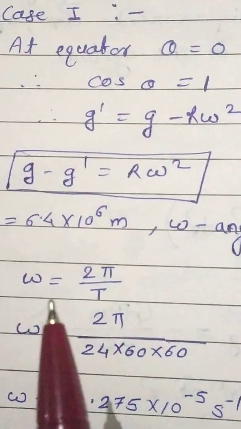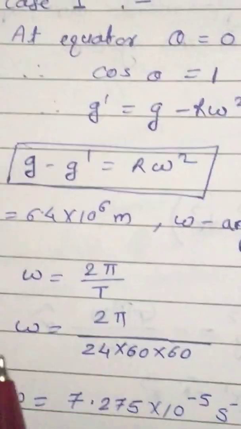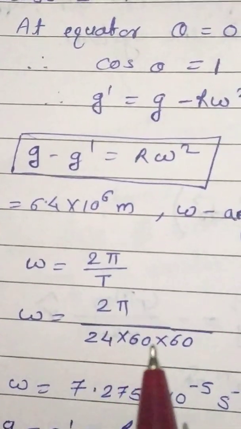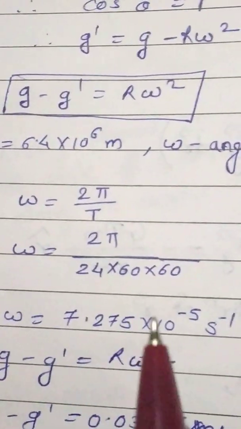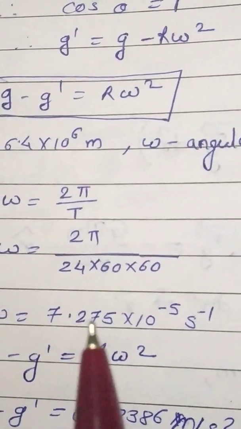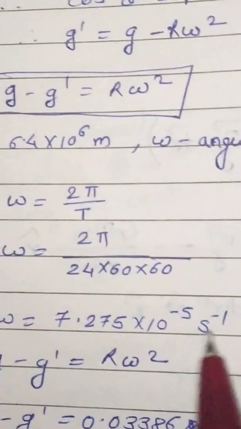The formula is omega is equal to 2 pi by T. So omega is equal to 2 pi over T, where T is 24 hours into 60 into 60. Solving, we get omega is equal to 7.275 into 10 raised to minus 5 radian per second.